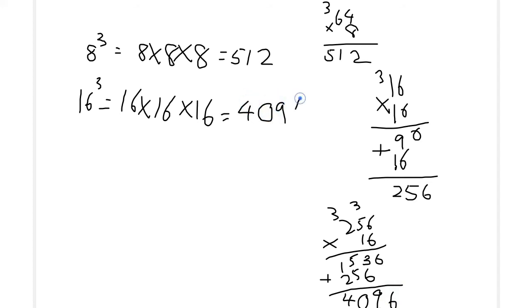Okay, so you can see that cubes are rather straightforward, just multiply the number, but cube roots are a bit different. So let's just use this number here, 512. Let's say a question is asking what is the cube root of 512, and you don't have a calculator.